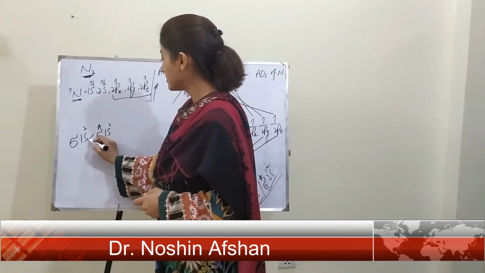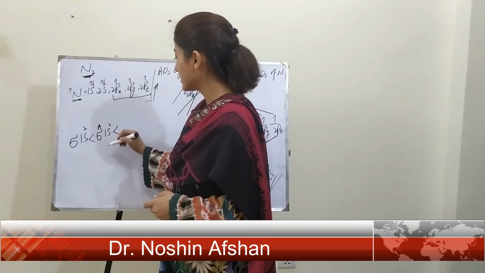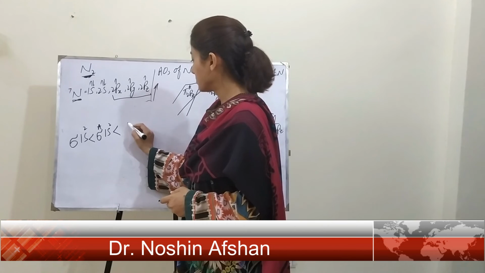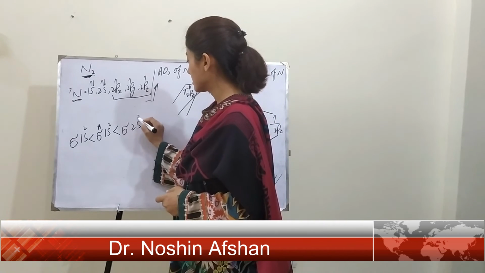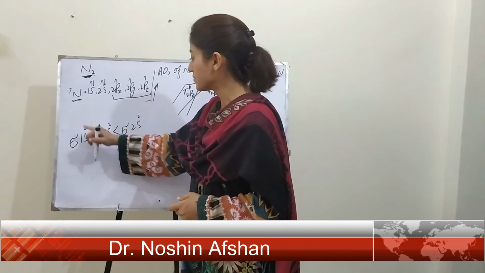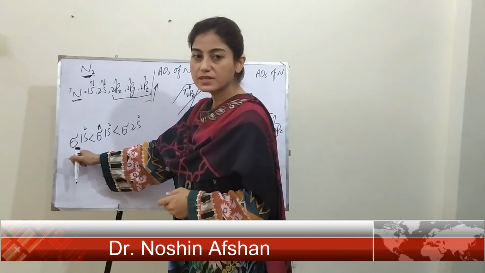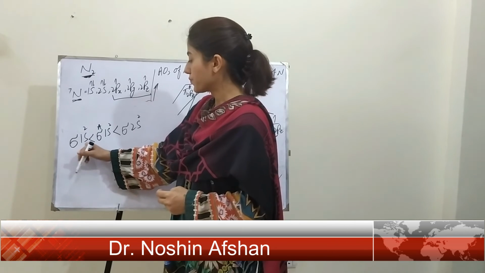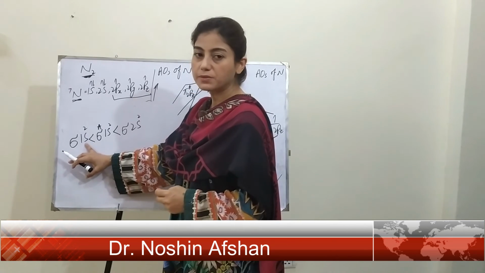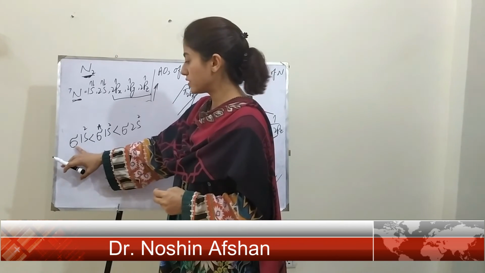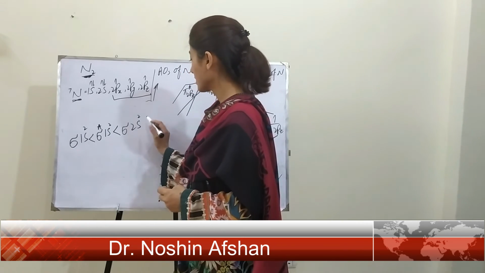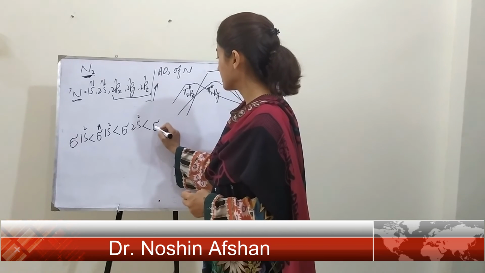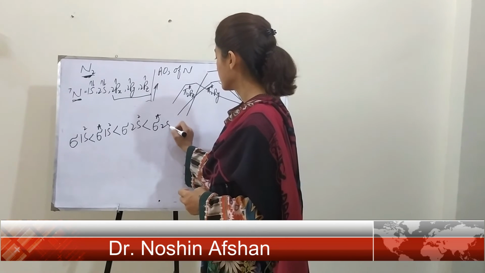It was at higher energy level, and this was at lower energy level as compared to sigma 2s. This shows the number of electrons, this shows the nature of the bond, that is either sigma or pi bond, and this shows that what are the atomic orbitals that have been overlapped to give these sigma or pi bonds. And it is at lower energy level as compared to sigma star 2s.